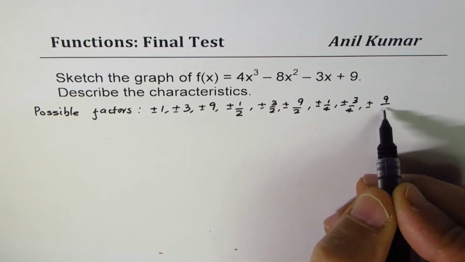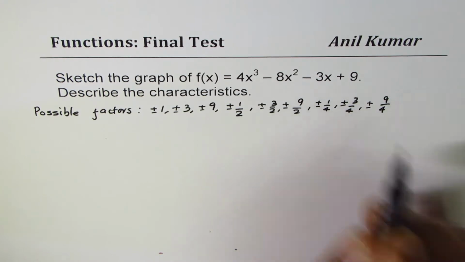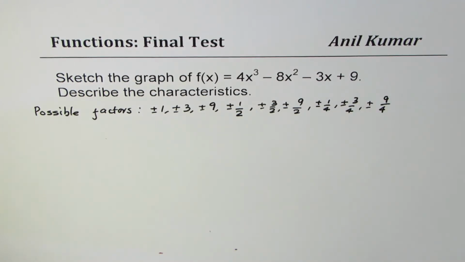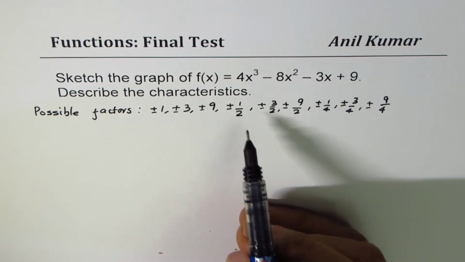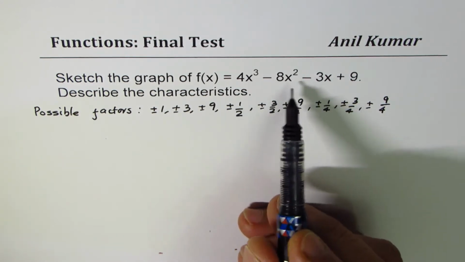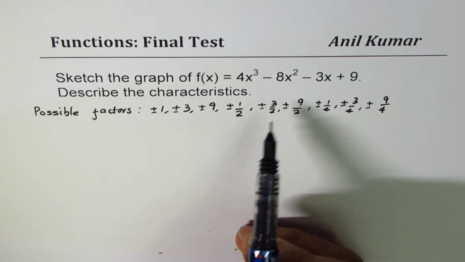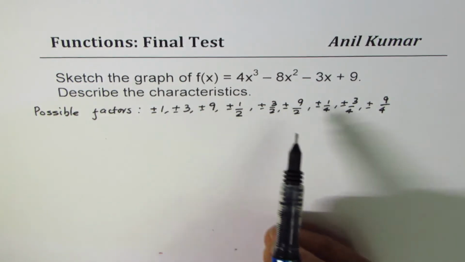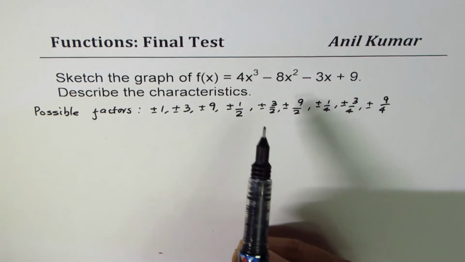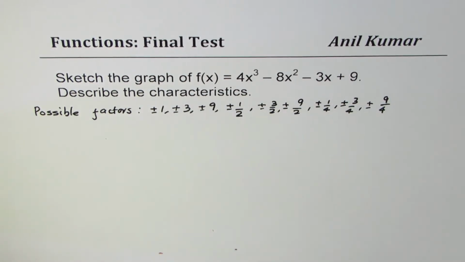So these are all the possible values which might help us factorize. Now the idea is, to begin with, we have to try these one by one. The list is very long. So let's try with 1, for example.